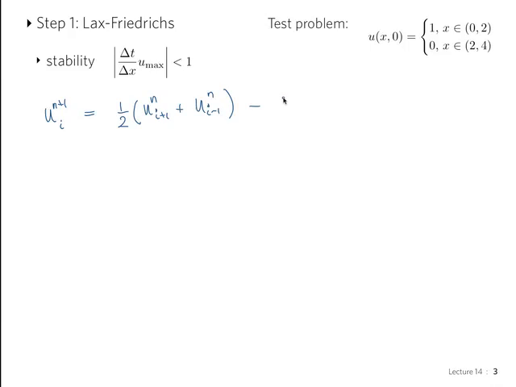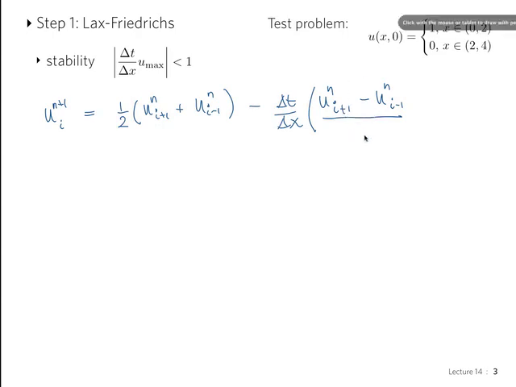So we have delta t over delta x times u n I plus 1 minus u n I minus 1 over 2, which is the square of these things over 2. And let me just write the 2 separately so it's clear where they come from. Each one of these is the flux term. Okay, so that's the Lax-Friedrichs.